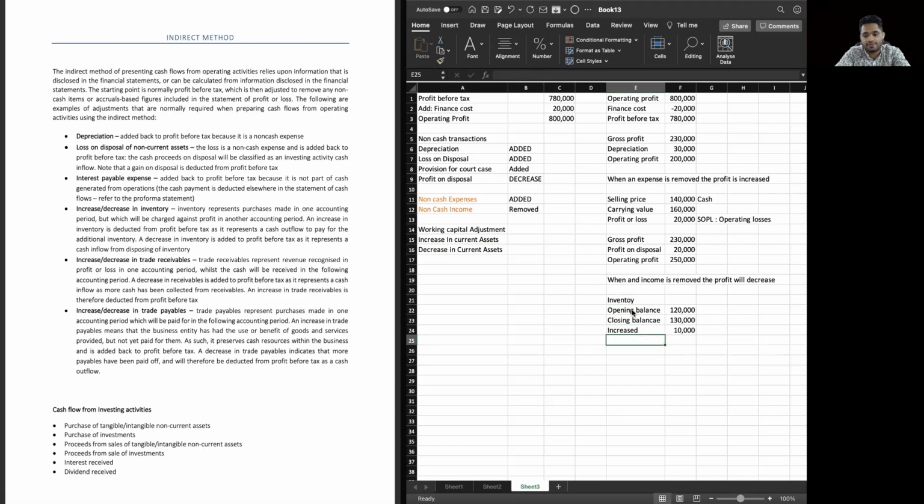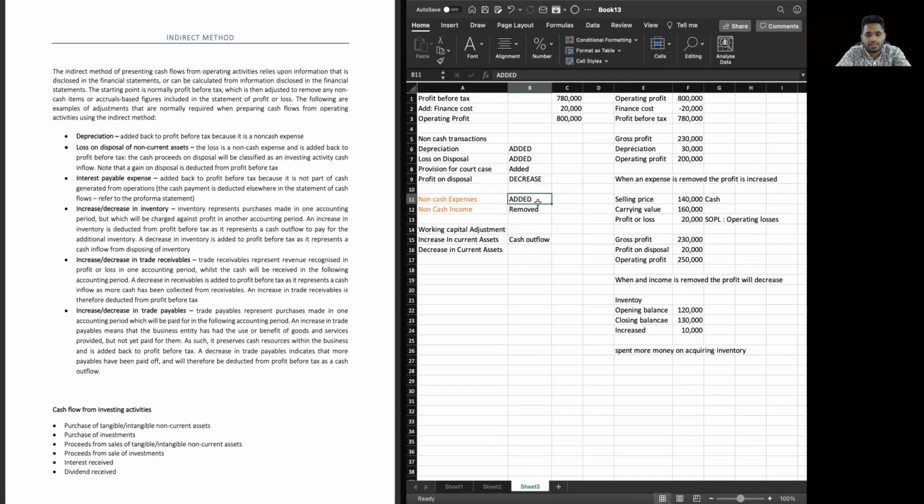If my inventory has increased by 10,000, this means I have spent more money on acquiring inventory. So this will be treated as a cash outflow, right? So an increase in a current asset is going to be treated as a cash outflow, because we have spent money on investing in that current asset.